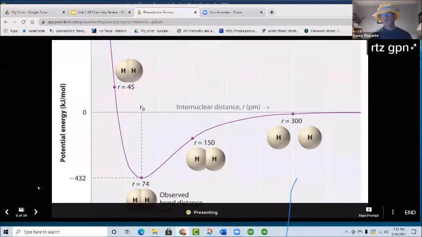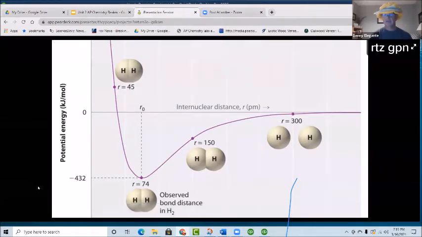So when two things get closer and closer together, there's more attraction. But then if you look at the far left-hand side, those two hydrogens are right up on each other, and they actually get so close together that the protons start to repel each other and the electrons start to repel.